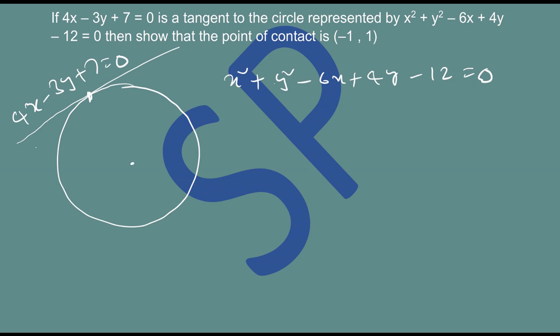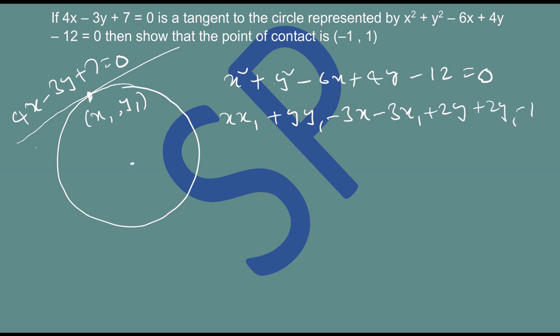What I do is, I assume the point of contact to be (x1, y1). Now, we know that equation to the tangent at (x1, y1) is S1 equal to 0. So, writing S1 equal to 0, I get xx1 plus yy1 minus 3x minus 3x1 plus 2y plus 2y1 minus 12 equal to 0.